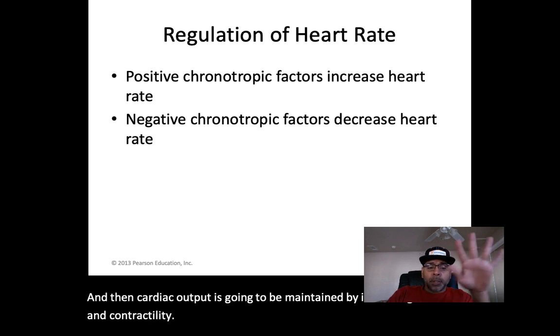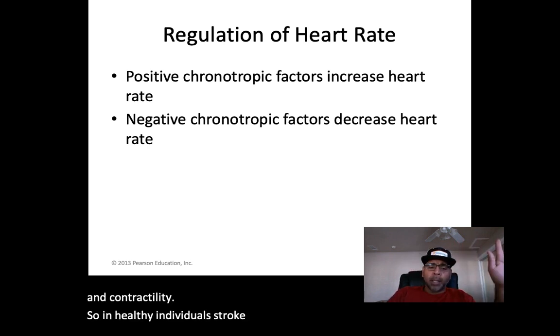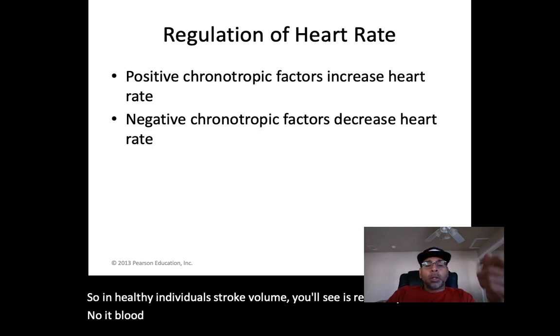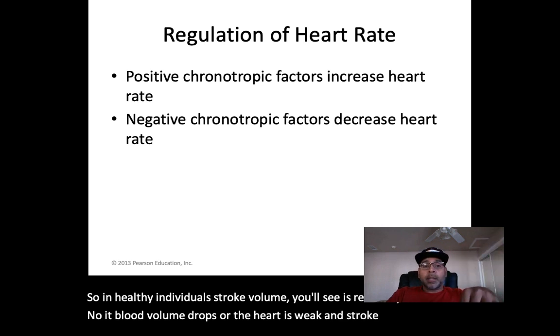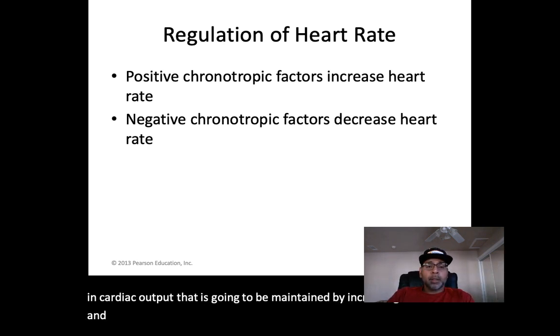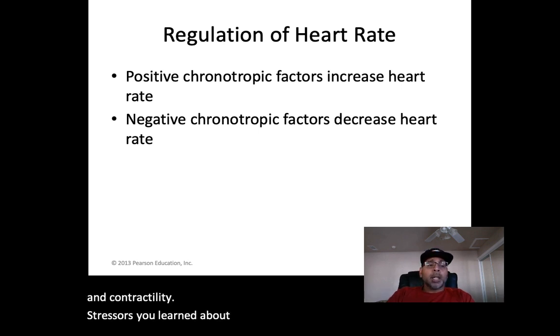Stressors, you learned about stressors. Stressors can also influence heart rate and cardiac output.